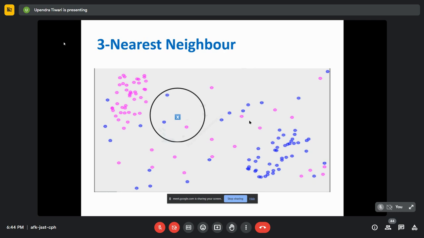Out of that, 2 belong to the blue class and 1 belongs to the pink class. So to which class will this new input be assigned, everyone? It will be classified as blue class, because out of these 3, 2 belong to the blue class.